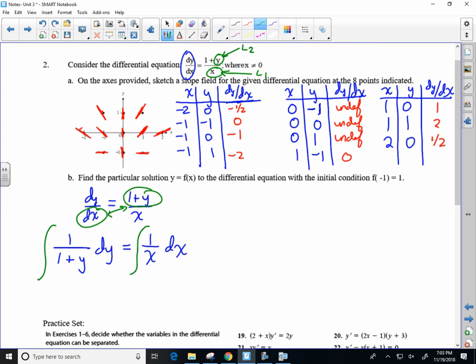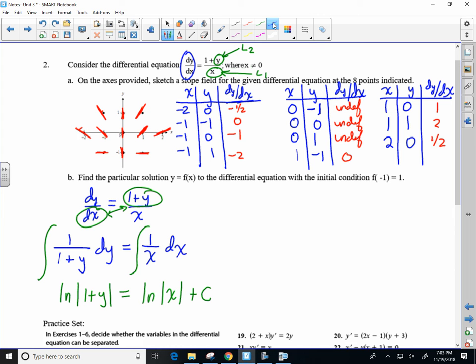Say it again. Natural log of 1 plus y. And the other one is the definition of a natural log, right? So, yeah? I need to get the y alone if possible. Sometimes I can't.